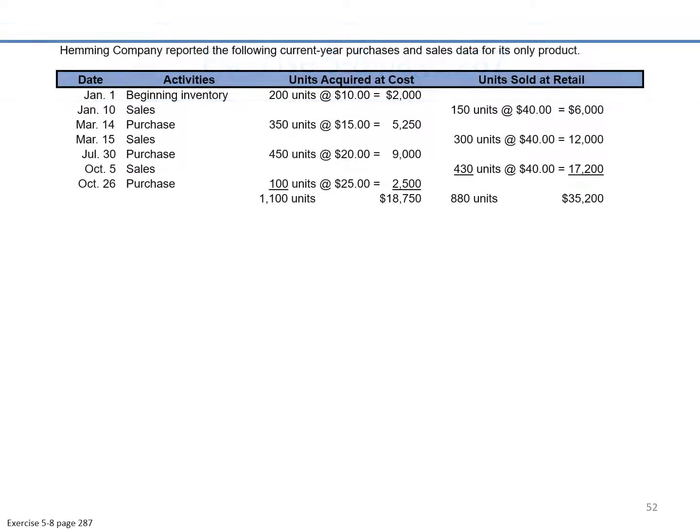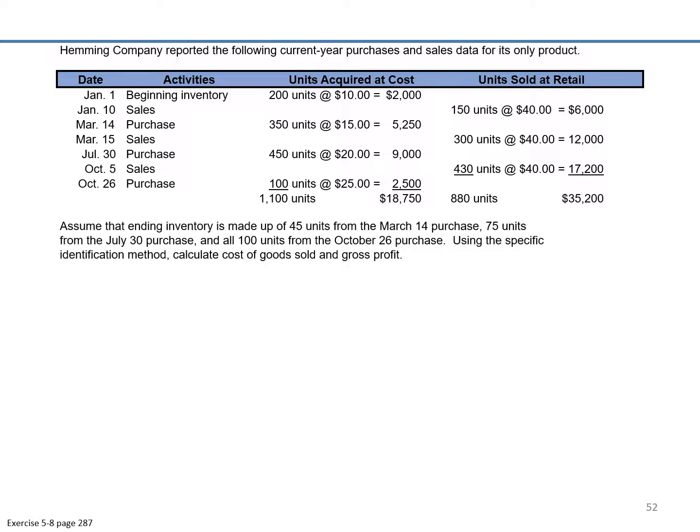Let's move on to exercise 5-8. So Hemming Company reports the following current year purchases and sales data. We're going to assume that ending inventory is made up of 45 units from March 14th, 75 from July 30th, all 100 from October 26th.